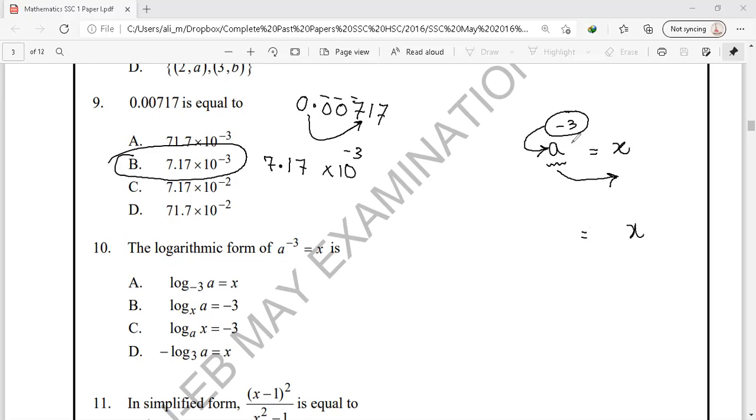So let's apply the logarithm. The logarithmic form of the given exponential form is: log of x to the base a equals minus 3. So here we have the correct answer for this question.